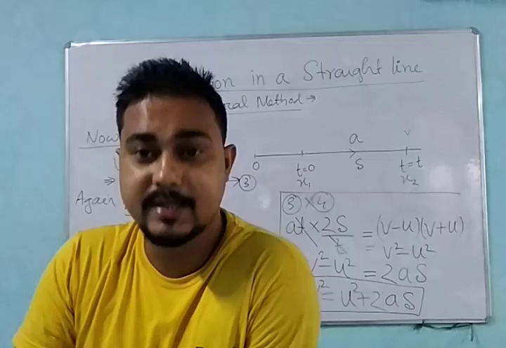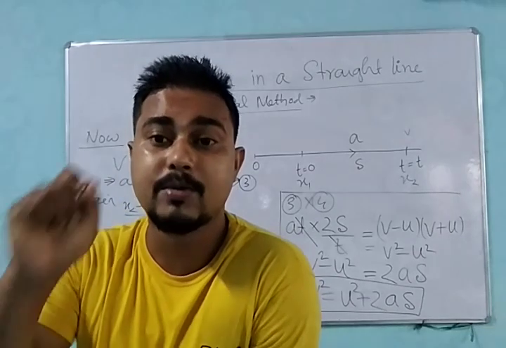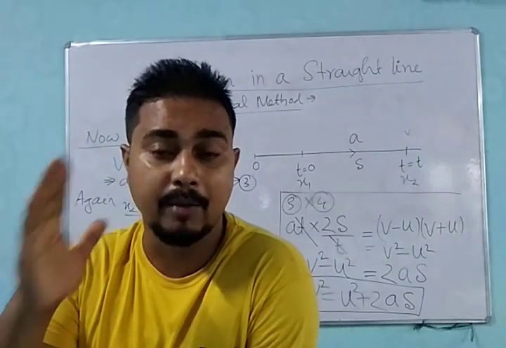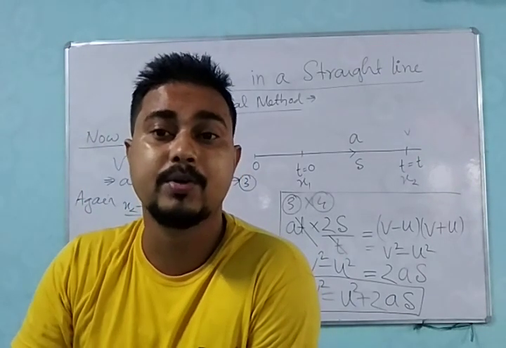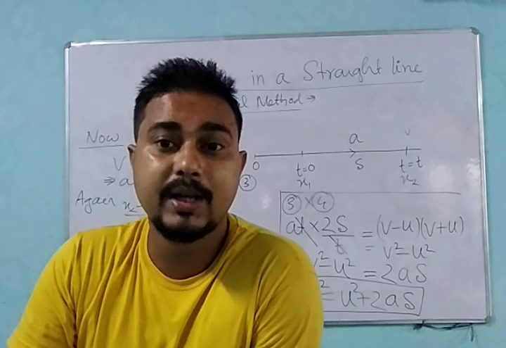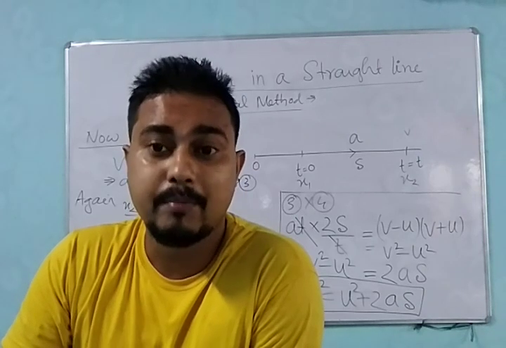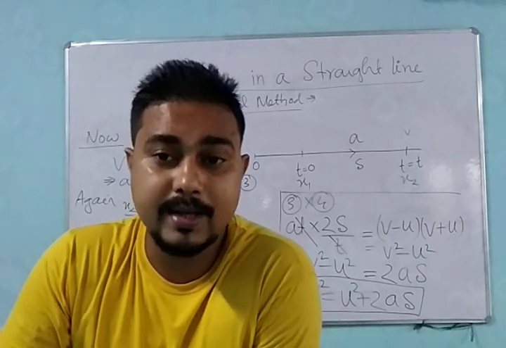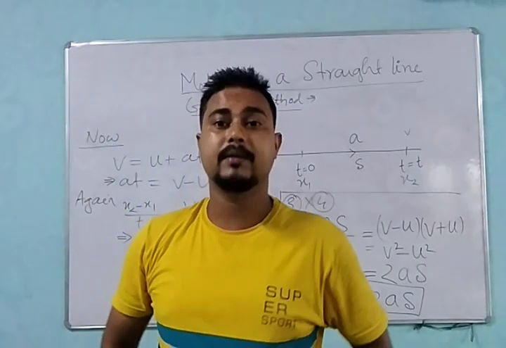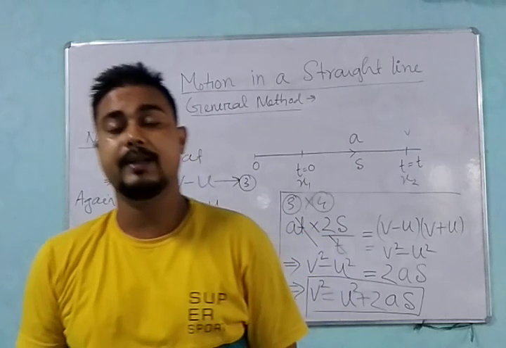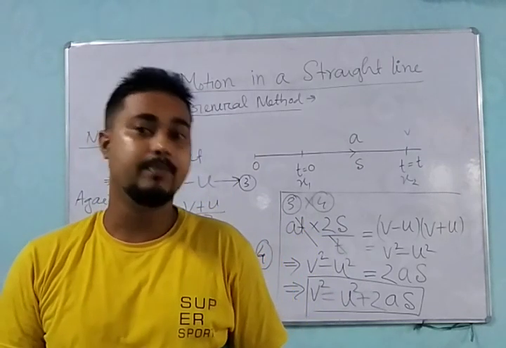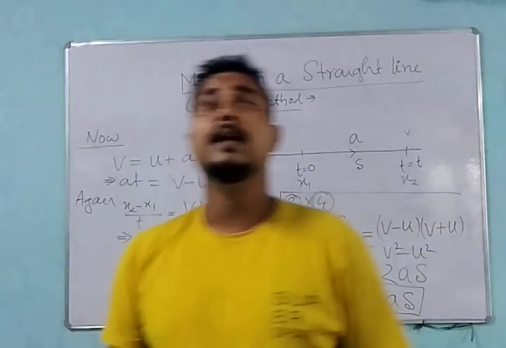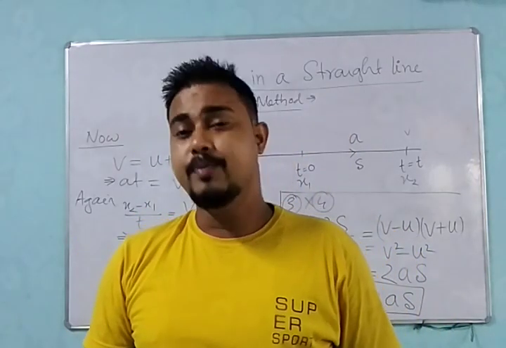We will derive it. For that case we have to take the help of this equation. If I give an example then I hope you will be able to understand this point.